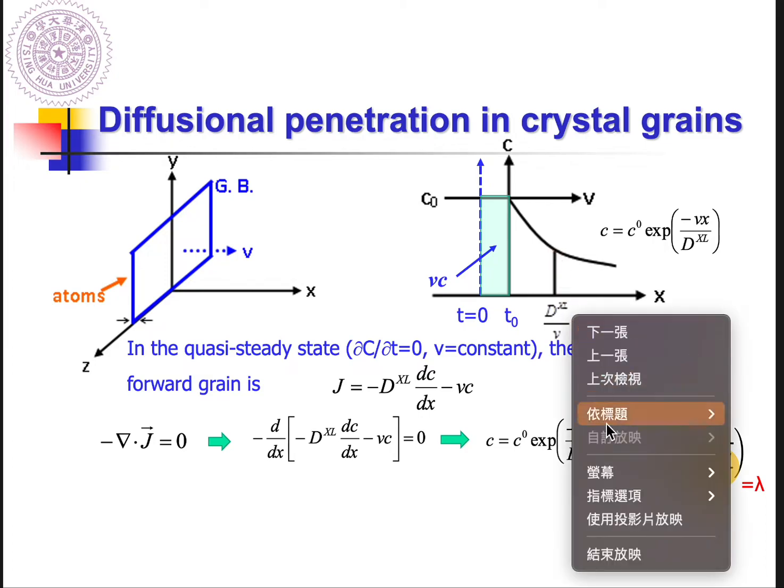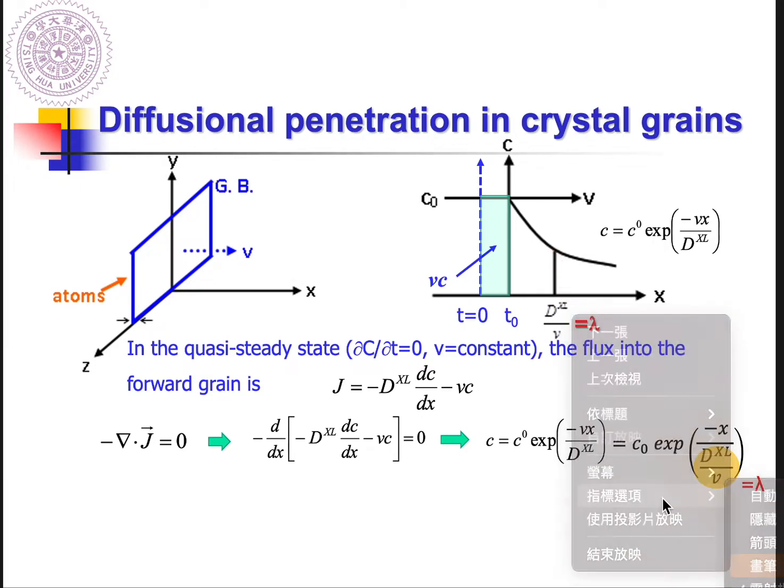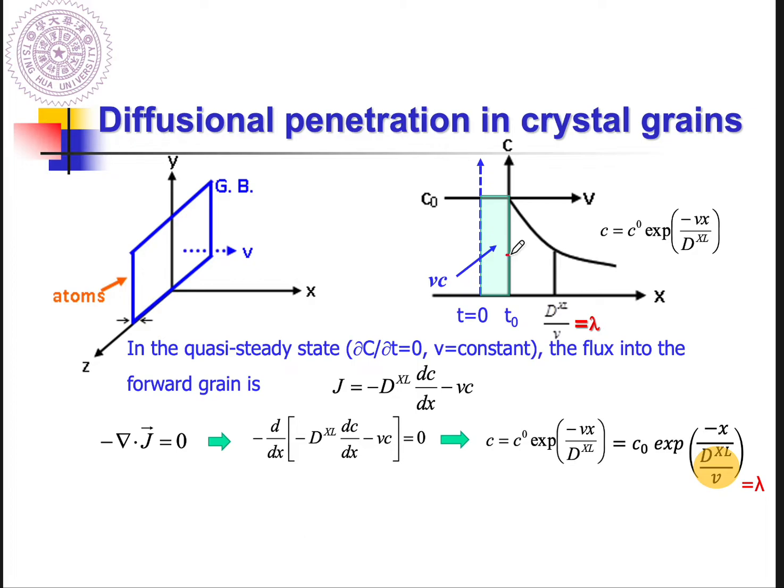So this lambda is very important. Why? Because at this lambda location, the concentration becomes e to the minus 1 of C0, right?